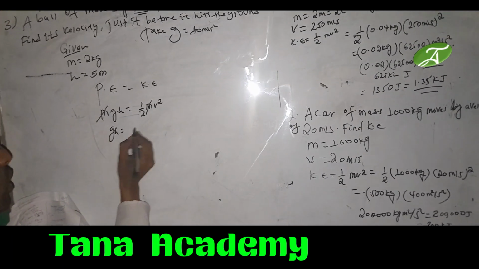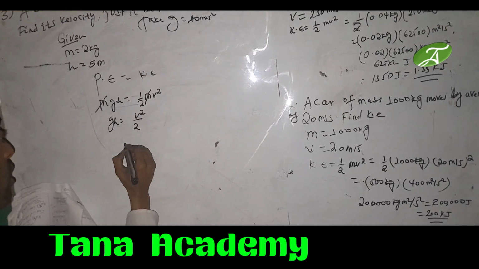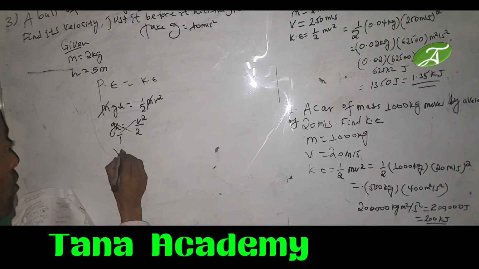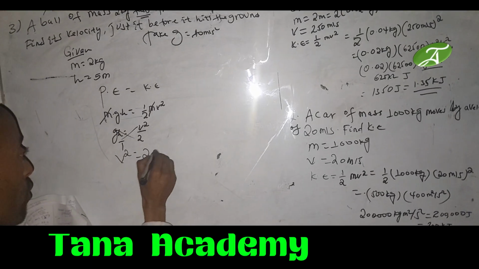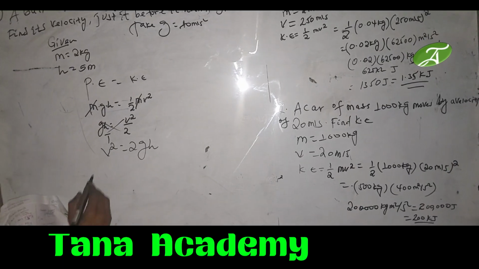Gravity times height is equal to v squared over 2. Cross-multiplying, v squared becomes twice gh. That means speed is equal to the square root of twice gravity times height.